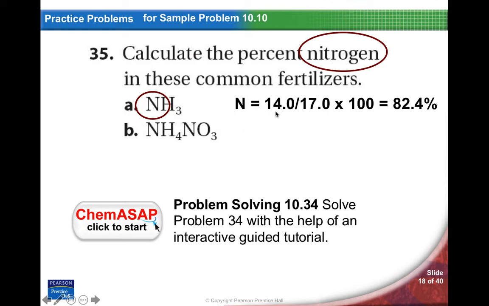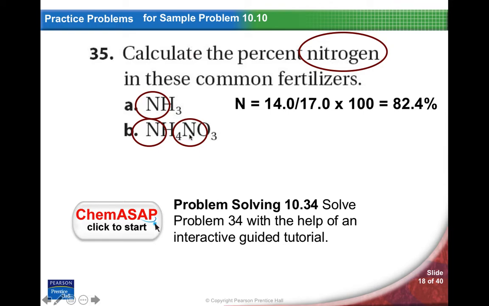So nitrogen's 14.0. I believe it's 14.01 on the periodic table, but for some reason they just use this in the book. This next one is ammonium nitrate. That's a very common fertilizer. And you'll notice it has 2 atoms of nitrogen in the compound.